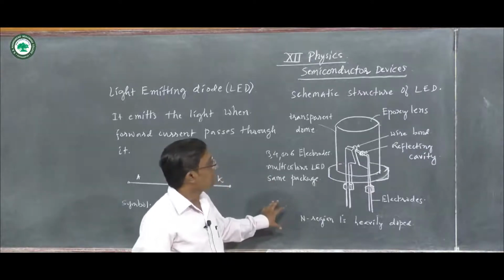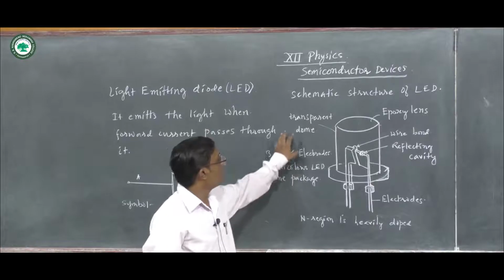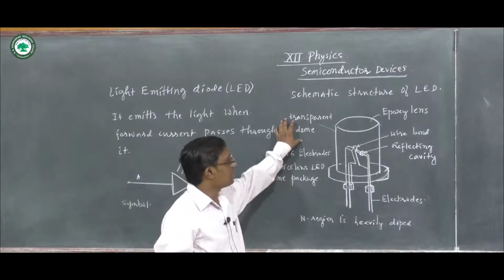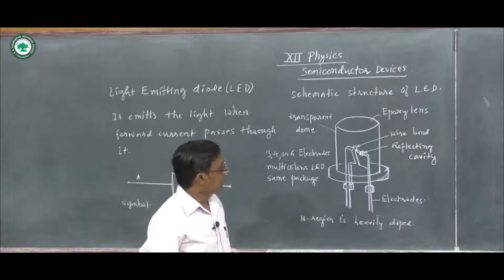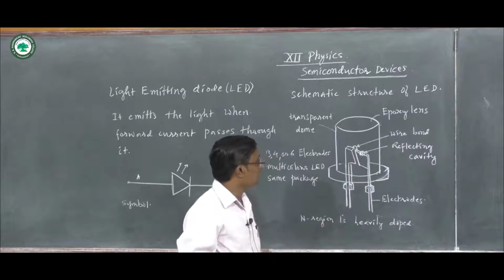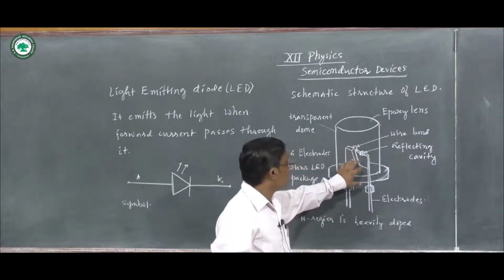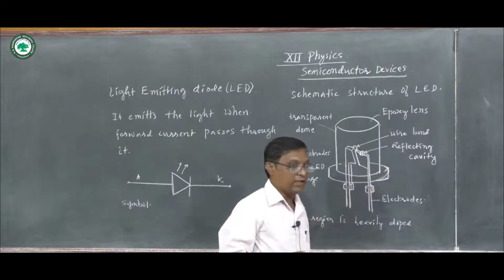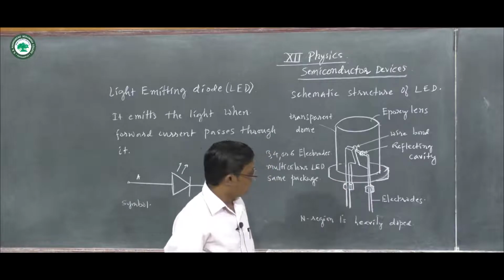In such a manner the LED is constructed, with a transparent dome-like structure made of epoxy material. There is a wire bond to the p-n junction, and a reflecting cavity is arranged in this LED.